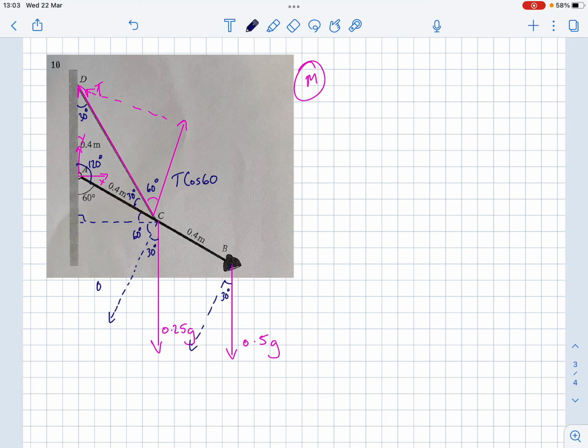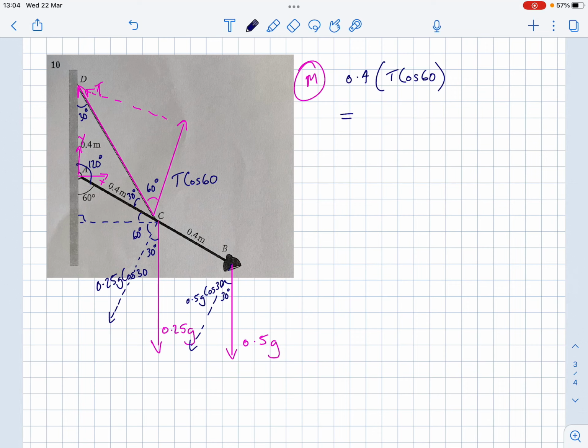Let's resolve it. That's our cosine 30, and then we've got 0.5g cosine 30. Let's do our moments. This one's going anti-clockwise, so 0.4 times T cosine 60.